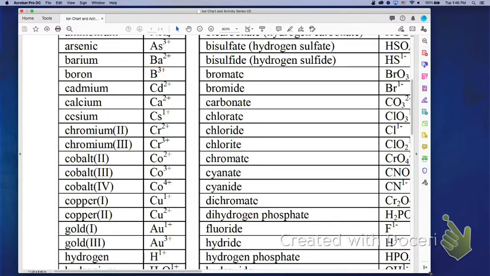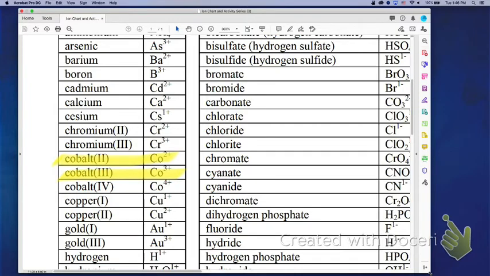Now, if we scroll down here, what you should notice is that we've got things like cobalt, and there's 2 different ions for cobalt. Cobalt with a +2 charge, and cobalt with a +3 charge. So the one with a +2 charge we call cobalt 2, and the one with a +3 charge we call cobalt 3.